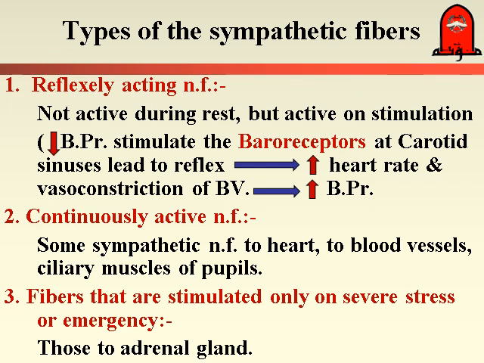The second type is the continuously active nerve fibers. We said in the previous lecture that the heart has its basal rhythm, basal rate, which is about 60. When we have sympathetic stimulation, it will increase to 100. When we stimulate the parasympathetic and the sympathetic together, it will be 70.